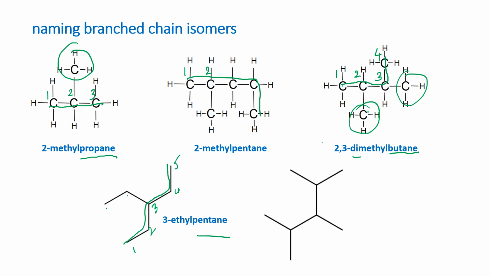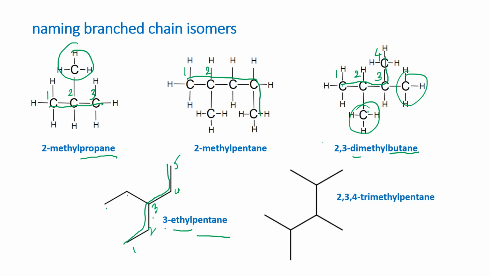So that would be an ethyl group. A side group with 2 carbons is an ethane; we say ethyl. And then we need to position it. So it's on carbon number 3 of pentane. 1, 2, 3, 4, 5. On the third carbon, we have an ethyl side group, 3-ethyl pentane.